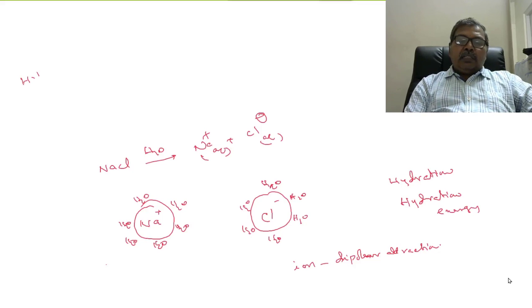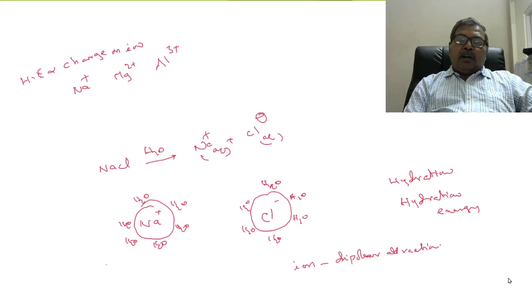Hydration energy is directly proportional to charge on ion. For example, if you consider Na+, Mg2+, Al3+, they are present in the same period, but sodium forms Na+ ion, magnesium forms Mg2+ ion, aluminum forms Al3+ ion.